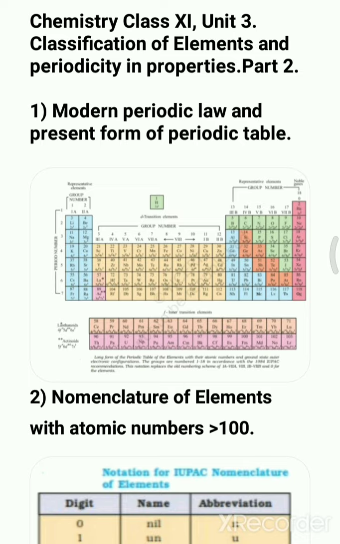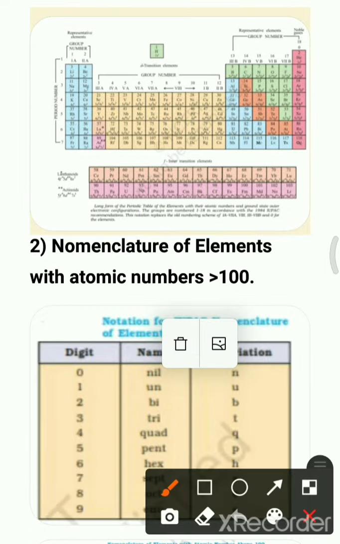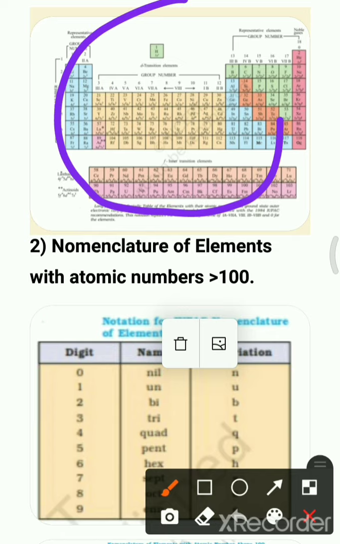A modern version, the so-called long form of the periodic table, is the most convenient and widely used. You can see here the modern periodic table in the long form. Okay, students.